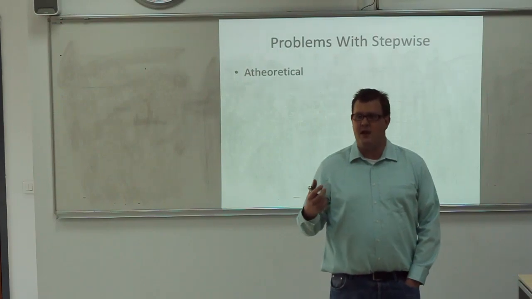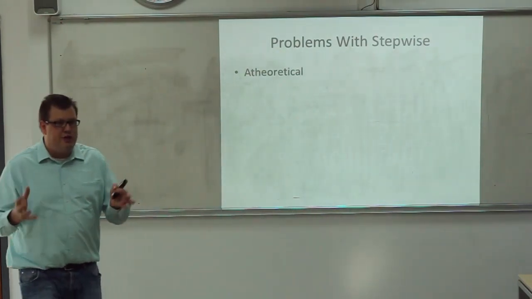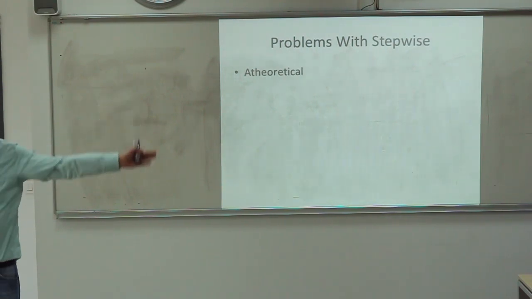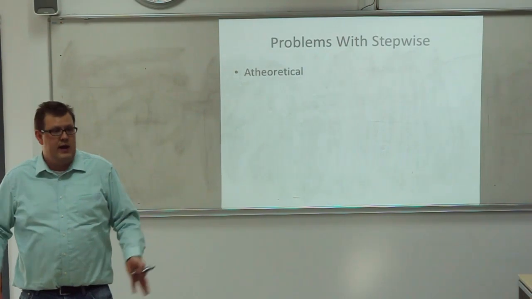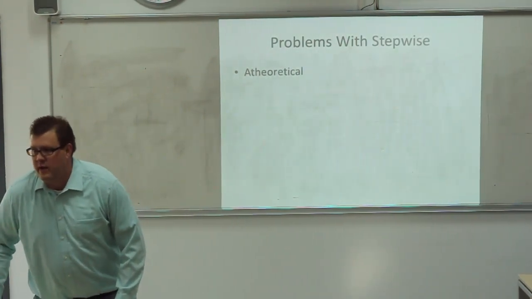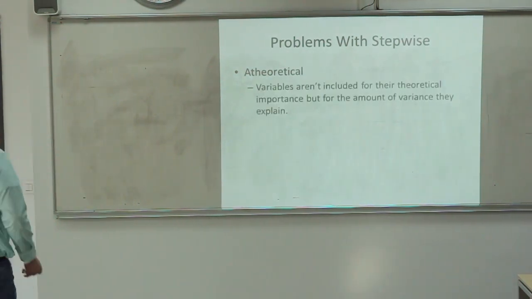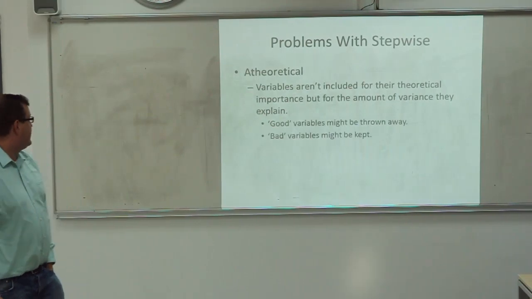Sometimes we can predict things very well without a good theory of why it works. We happen to find that this variable predicts that. We don't know why. We have no theory that explains it, but it does. So the variables aren't included for their theoretical importance, but for the amount of variance that they explain.